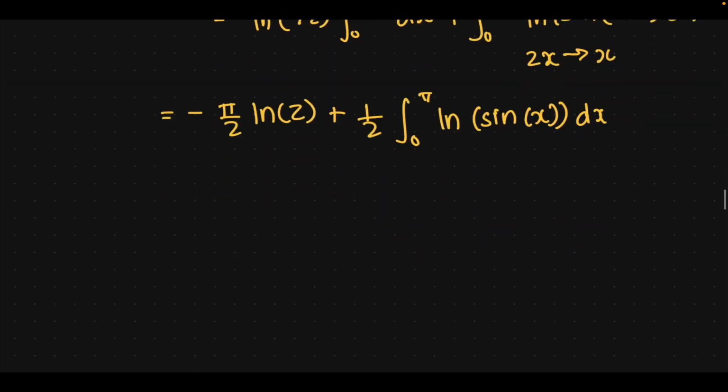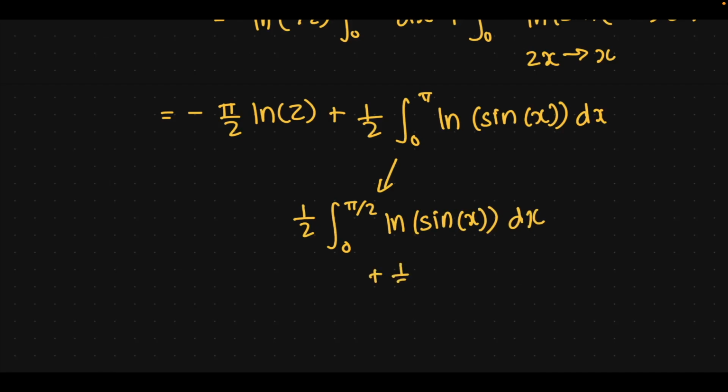And we'll just work with this second integral here. So we can break the integral into 1/2 integral from 0 to pi over 2 of ln sine of x dx, plus 1/2 integral pi over 2 to pi of ln sine of x dx.